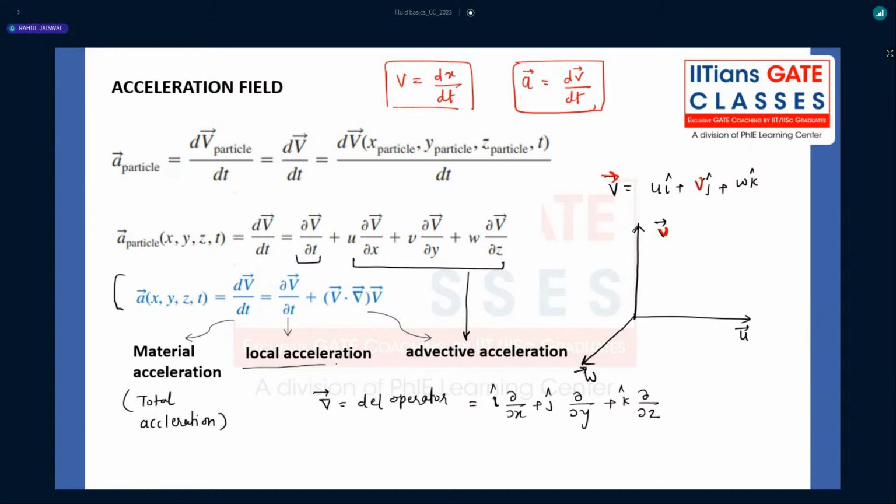Whenever the velocity changes with respect to time, we call it local acceleration. Whenever the velocity changes with respect to space, with respect to position, that acceleration part will be called advective acceleration or convective acceleration, right? Make a note of it, very, very important.